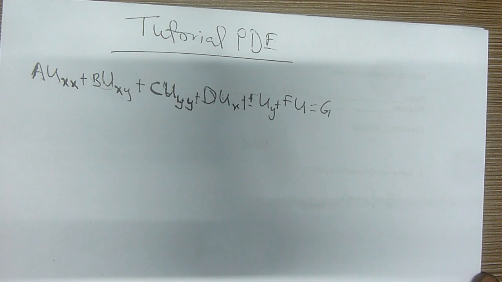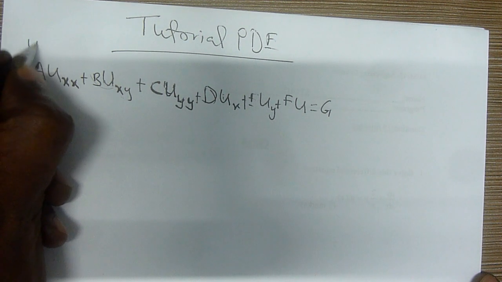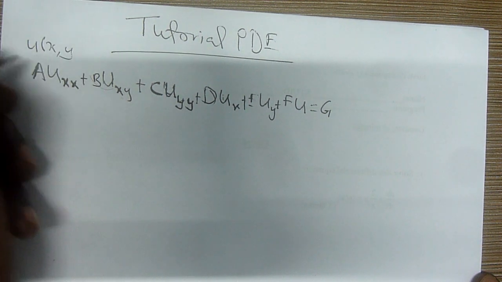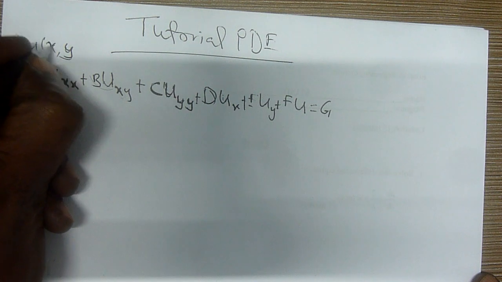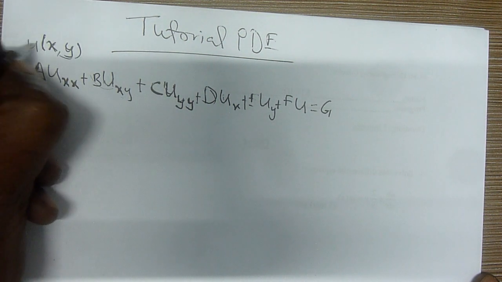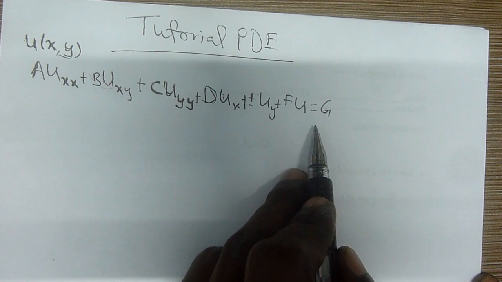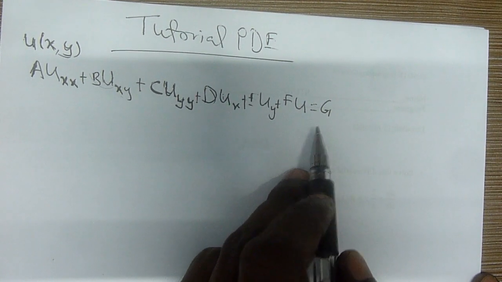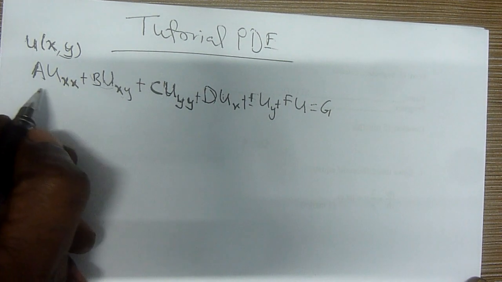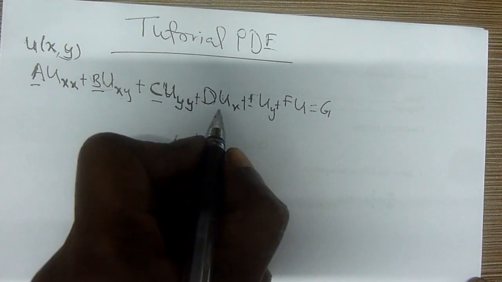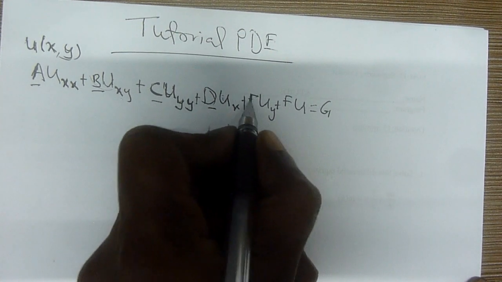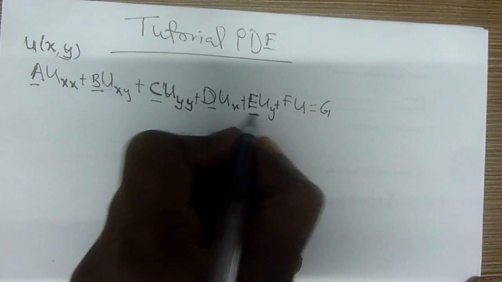That means we are using u, x and y as our combination for the partial differentiation. This is the general partial differential equation for the second order, and you can assume A, B, C, D, E and F are the coefficients.